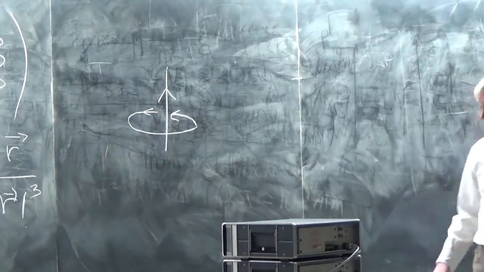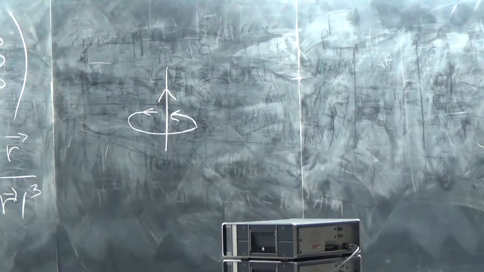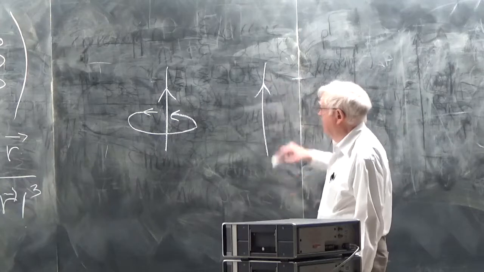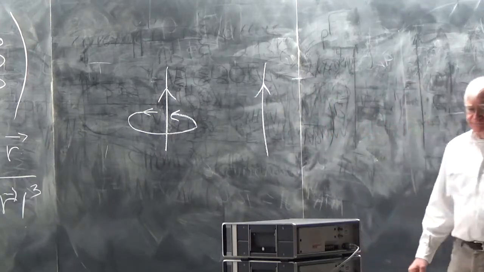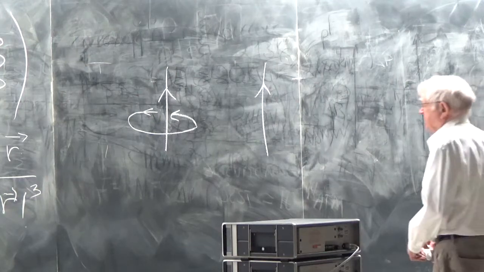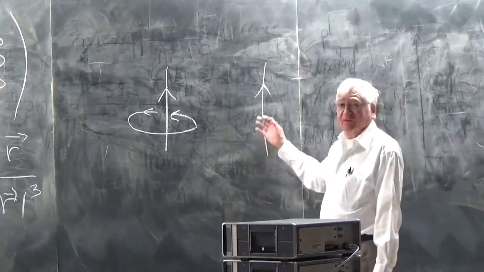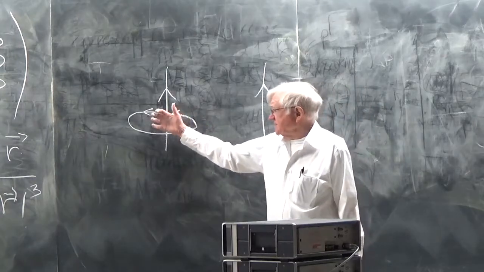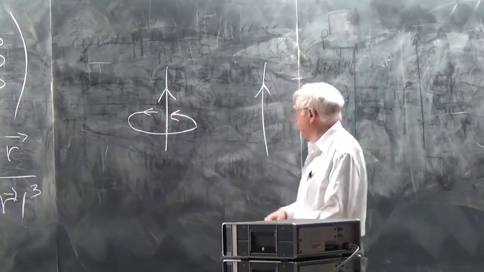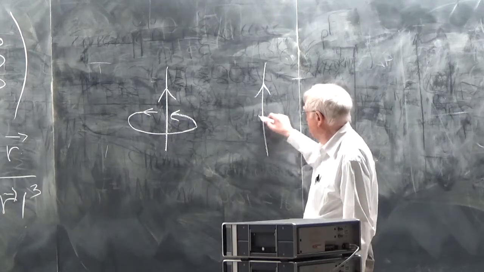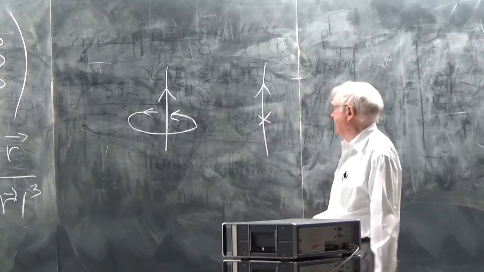And we did a demo several weeks ago for 2 parallel currents. So let's try to figure out what the force would be on them. As I said, there's a B field that goes around it. So the B field is going into the board there.